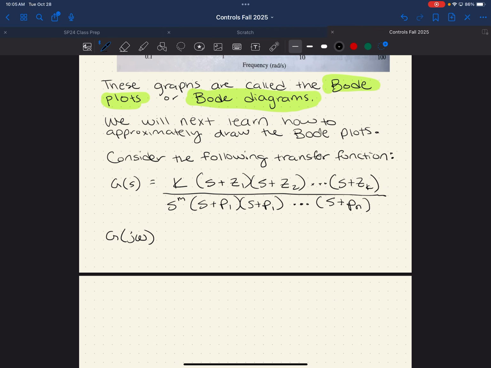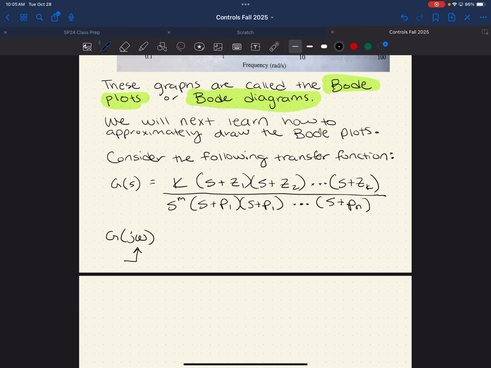The real component causes growth or decay, but the imaginary component just does the oscillation. So it makes sense here that when we plug in for s the j omega, we're plugging in an input that is purely oscillatory. It's exactly what we're talking about. We're plugging in a purely sinusoidal input.